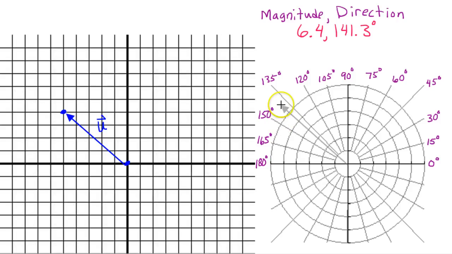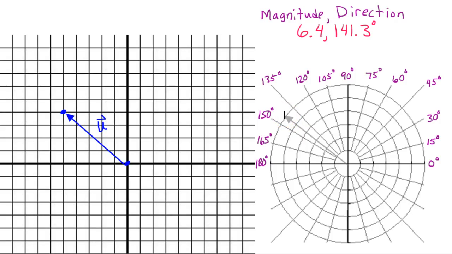It's going to be somewhere between 135 degrees and 150 degrees. So it's going to be somewhere in here. And also we got to pay attention to the length. The magnitude you see is 6.4. So this would be magnitude 1, 2, 3, 4, 5.